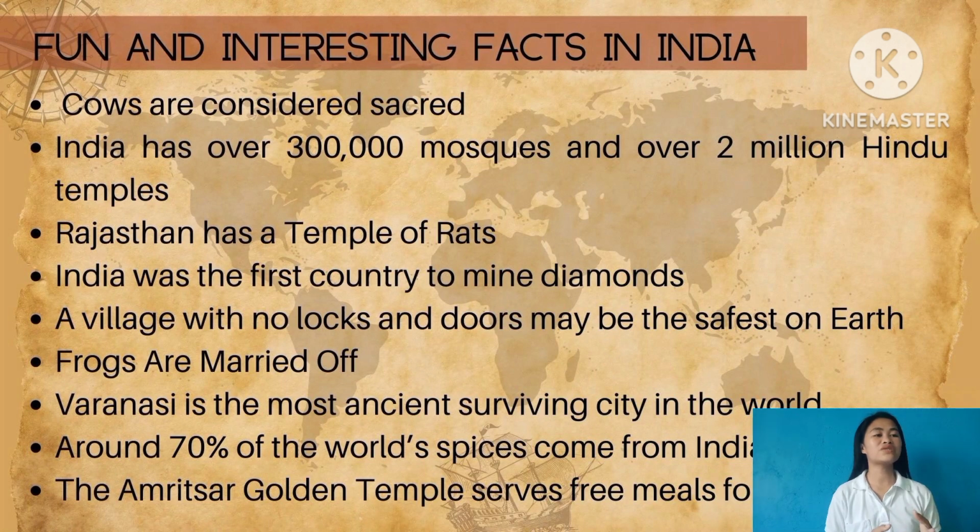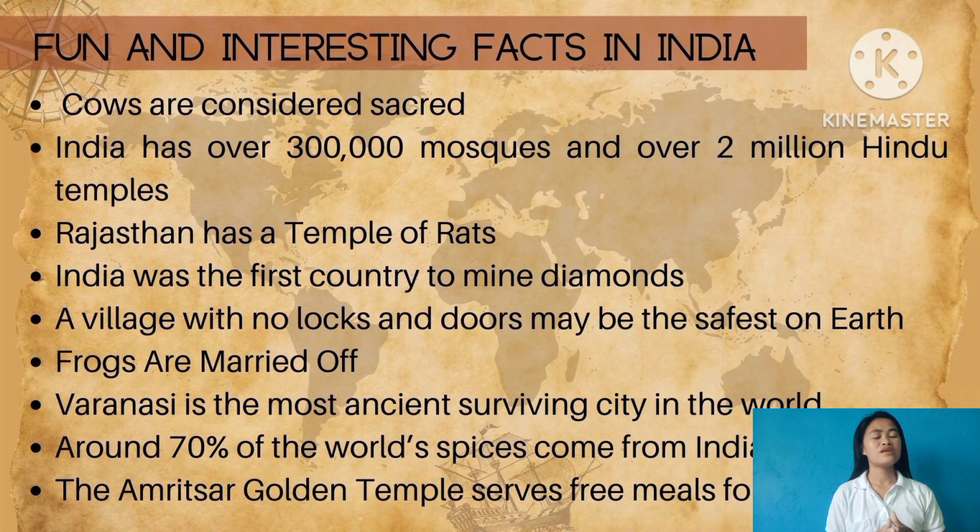The third interesting fact about India is that Rajasthan has a temple of rats. Why do they have a temple of rats in India, specifically in the state of Rajasthan? They believe that rats carry good luck and fortune, and it is considered auspicious to see them or have them run over one's feet.